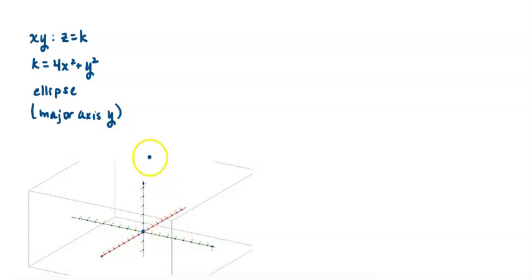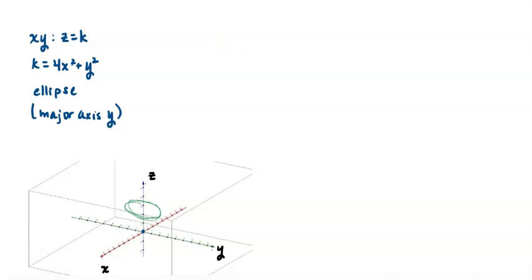Which means that if this is our z, this is our y, and this is our x, that means this is going to be wider on the y-axis than it is on the x. So maybe this will look something like this.